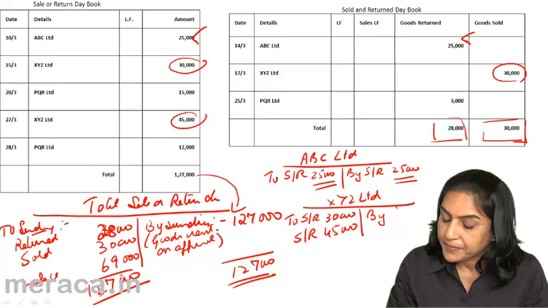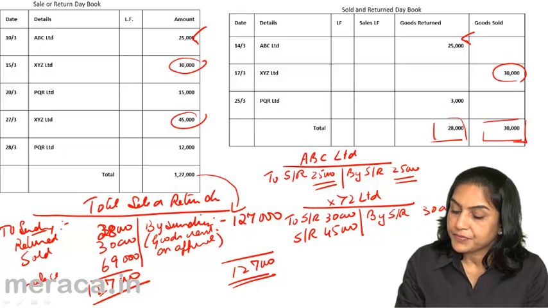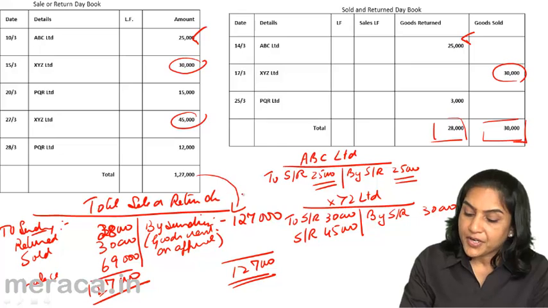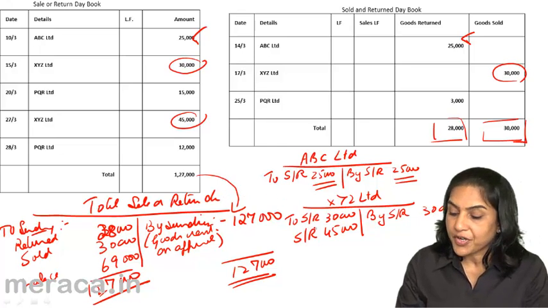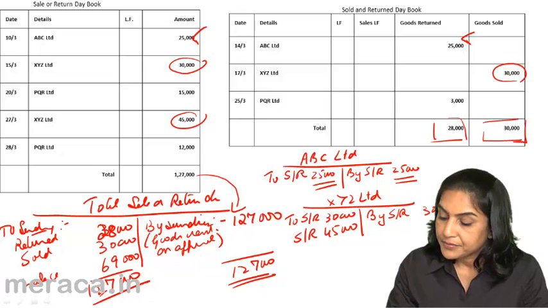Therefore, by sale or return 30,000. This sale or return is the total sale or return. The reference is to the total sale or return account. There is a balance here of 45,000.